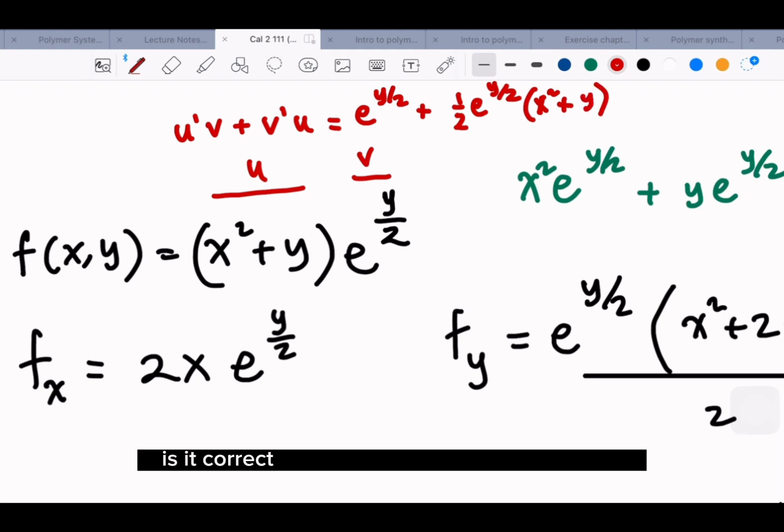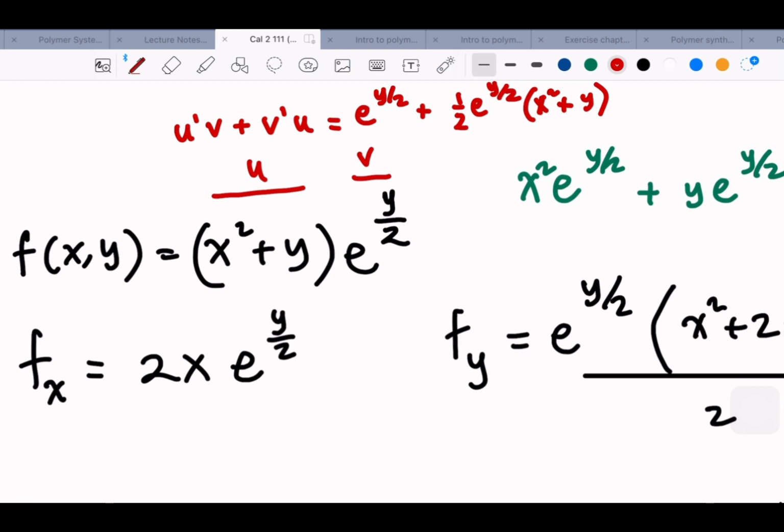Is it correct? Check. Half x squared, half y, half plus. Okay, this would be v x squared plus y.